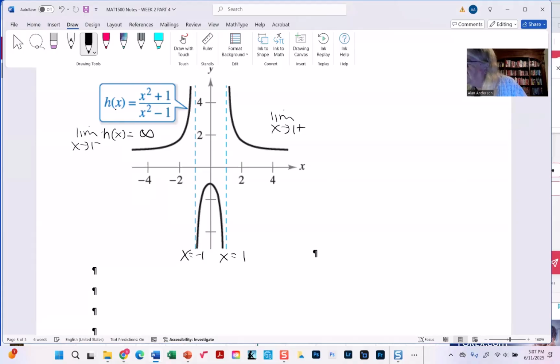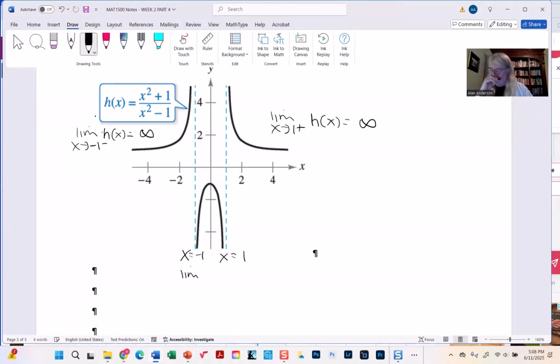As x approaches positive, oh wait, sorry, I did this wrong. This is negative 1. It's negative 1 from the left. Okay, well, here this is positive 1 from the right. And you can see that would also be positive infinity. Then here, bounded between negative and positive 1.